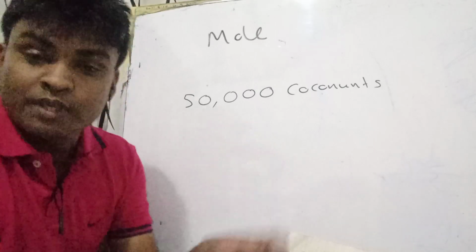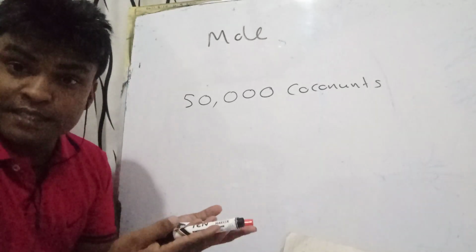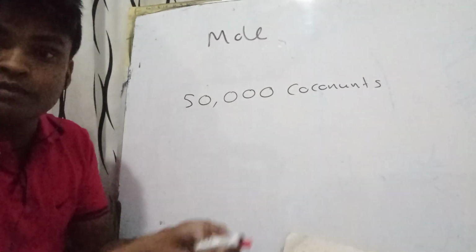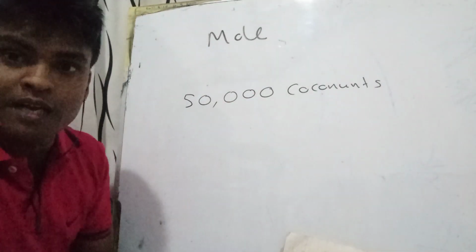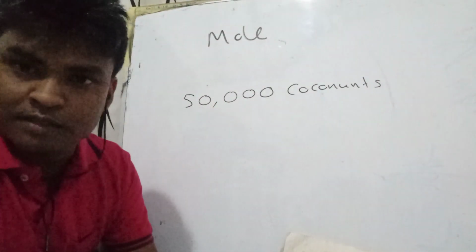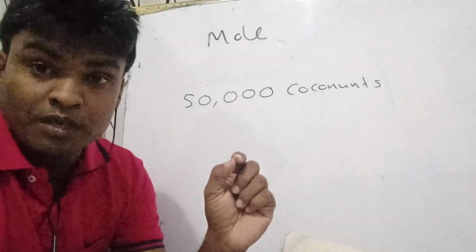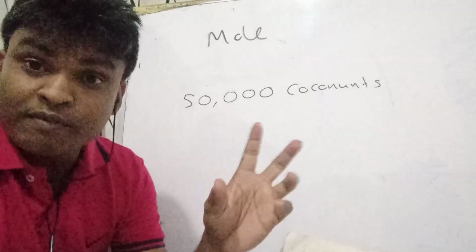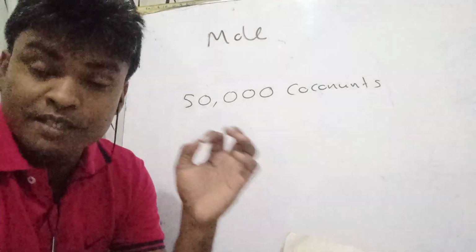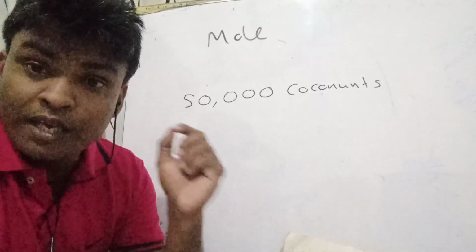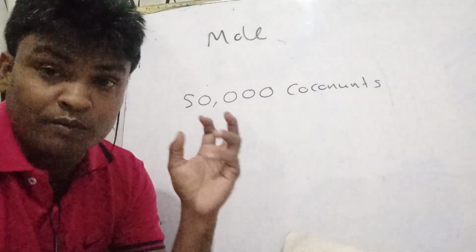Therefore, the person is using his hands only 25,000 times when he counts 50,000 coconuts. What if the person uses the one by one method to count? If he is counting one by one, he has to use his hands 50,000 times.